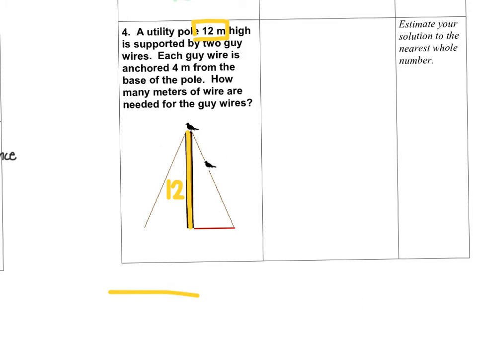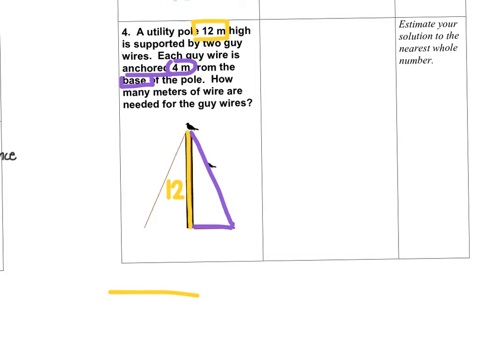The next section, each guy wire is anchored 4 meters from the base of the pole. Well, just think about it. Is it talking about the length of the guy wire, or is it talking about how far it's anchored from the pole?